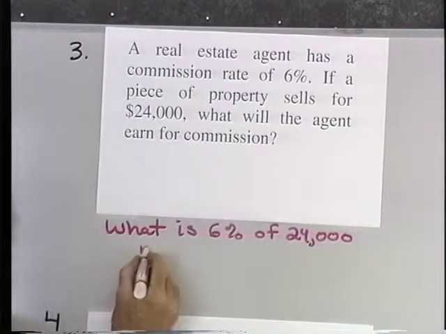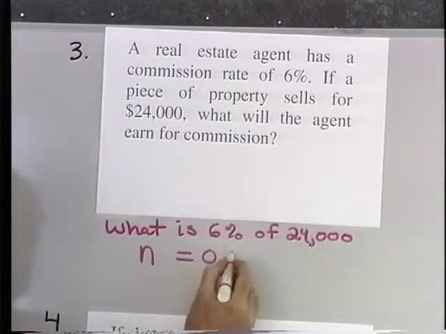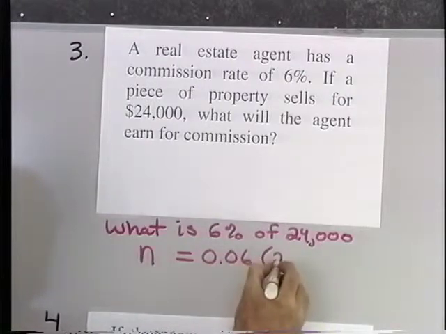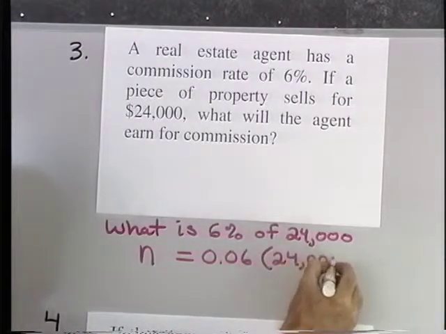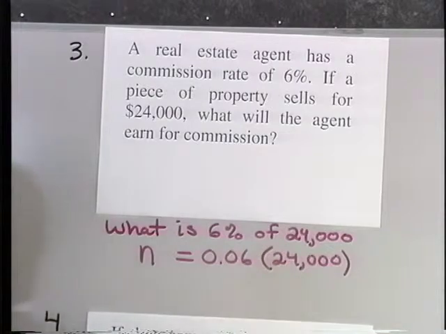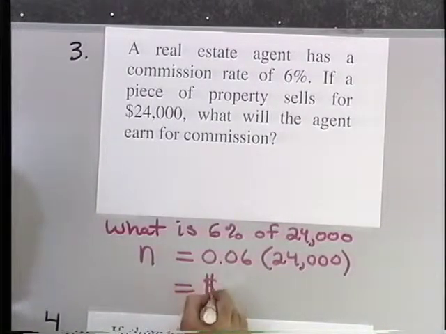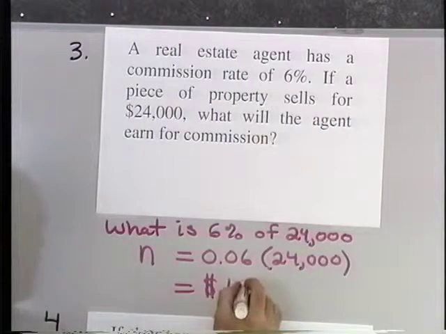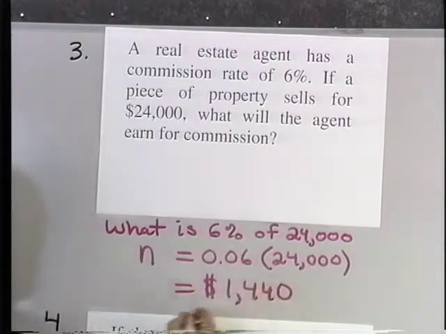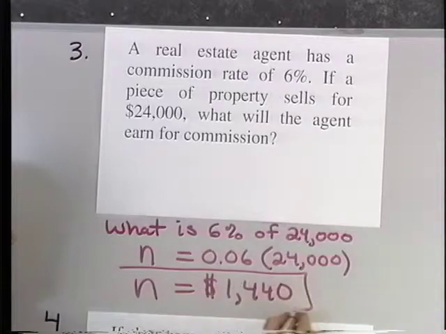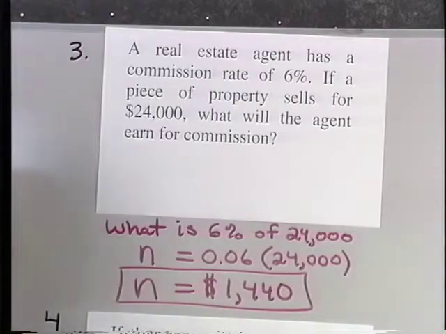Translate into an equation. N equals 0.06 times 24,000, because of translates into multiply. And then when I do that, I end up with, and I'll use a dollar sign here, $1,440. So that's what N comes out to be, and that's the real estate agent's commission.